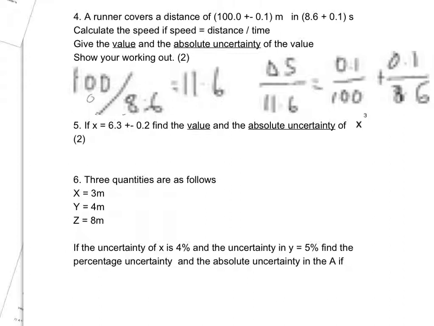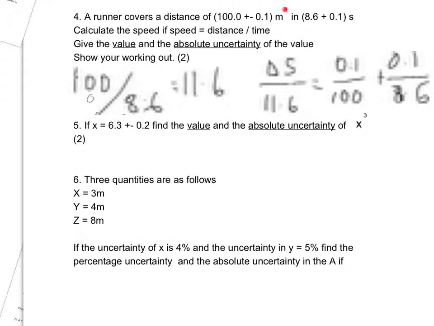Okay, so we're working out speed, which is distance, which is 100 meters, divided by time, which is 8.6 seconds. If we work out the actual value, you get 11.6 meters per second. And now we set up our fractional uncertainties.